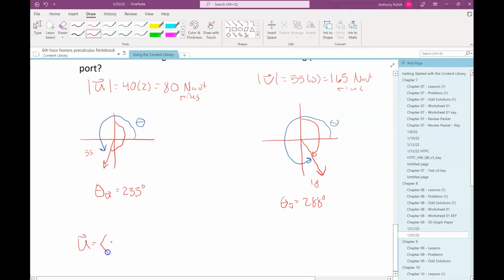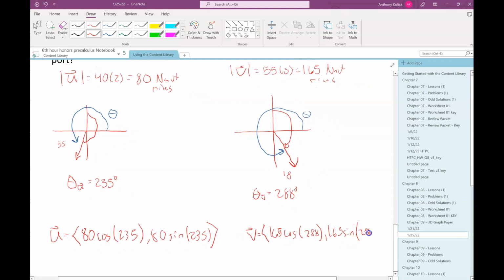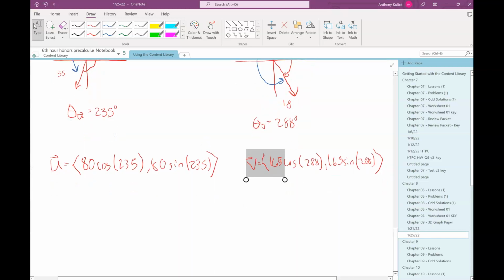I'm then going to convert those two vectors into component form. And then I can add them together to get my resultant vector in component form.